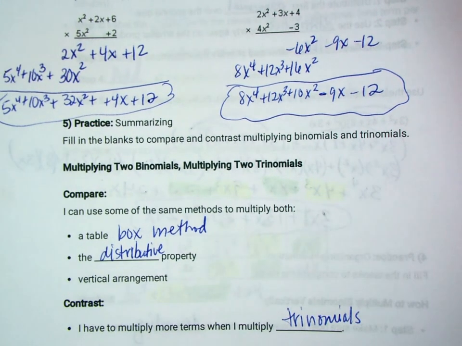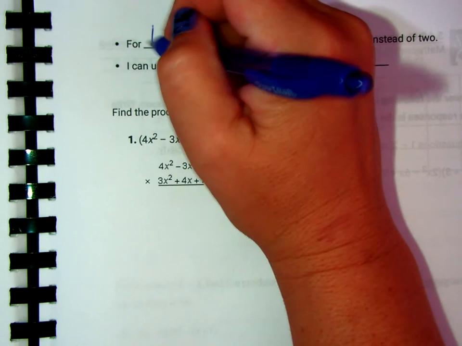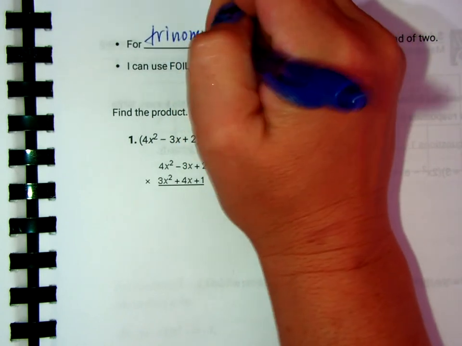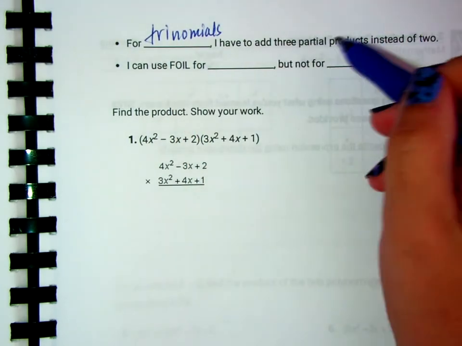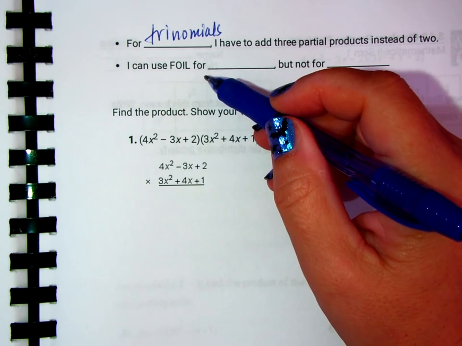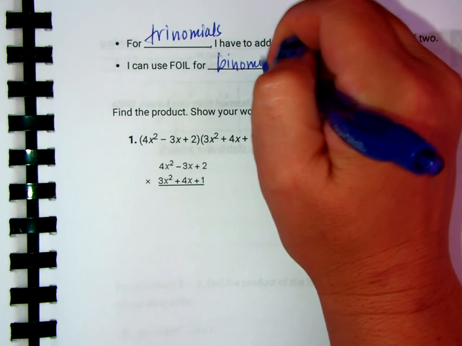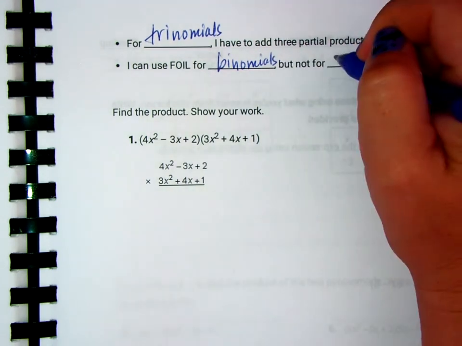For trinomials, I have to add 3 partial products instead of 2. I can use FOIL for binomials, but not for trinomials.